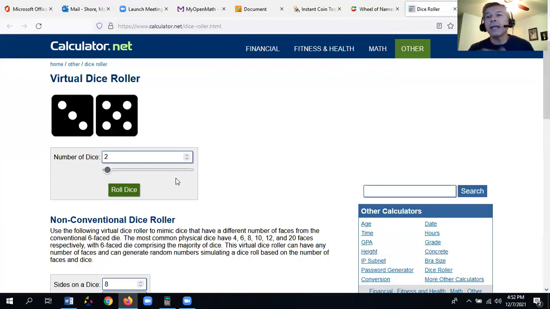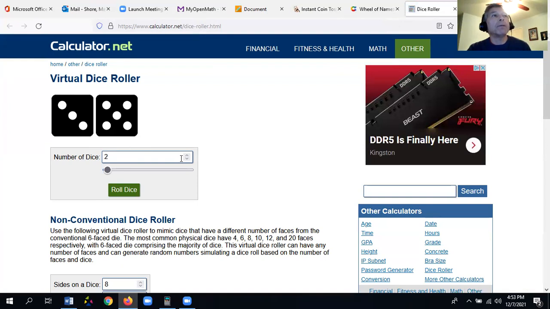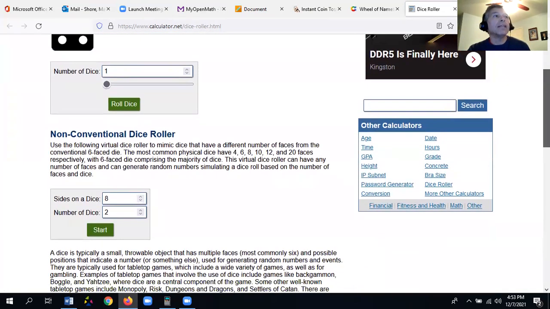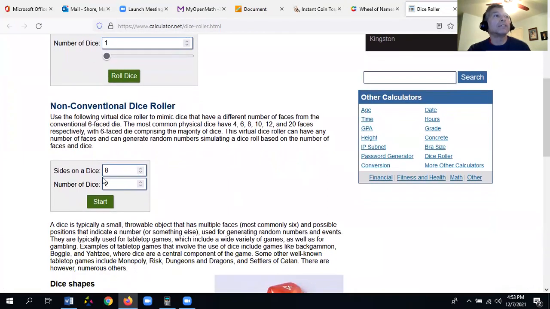Now this one's okay. With this one, I can pick the number of dice. See here, number of dice, there's 2 dice, but I could increase it or decrease it. For this problem, it's just 1 die being rolled. You can also pick the number of sides on the dice. So that's pretty interesting.